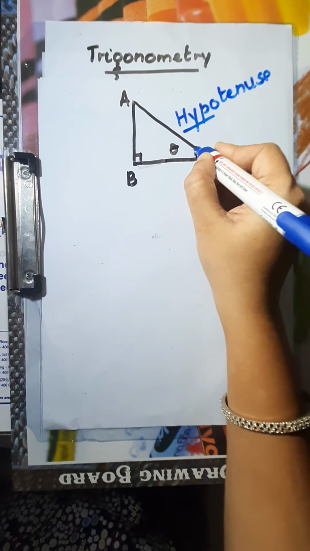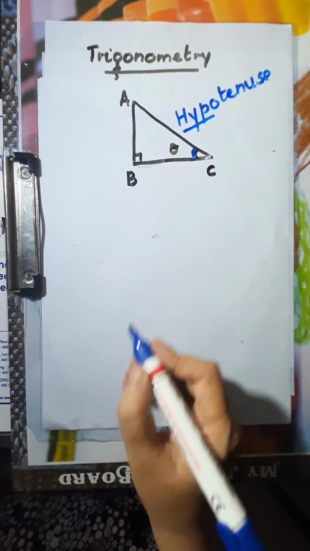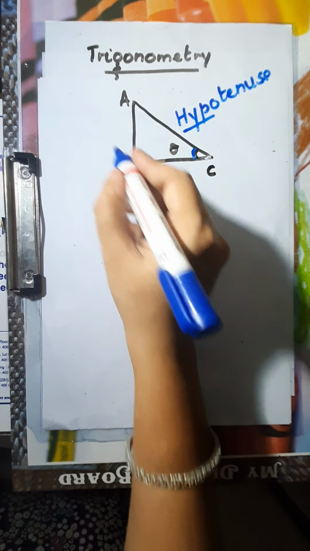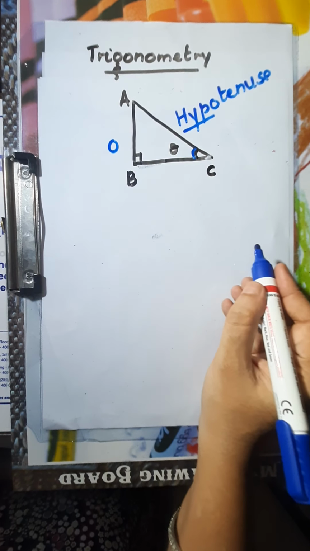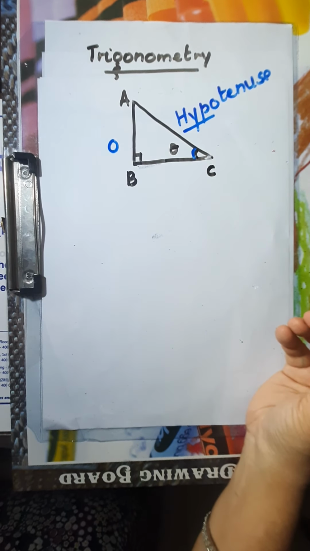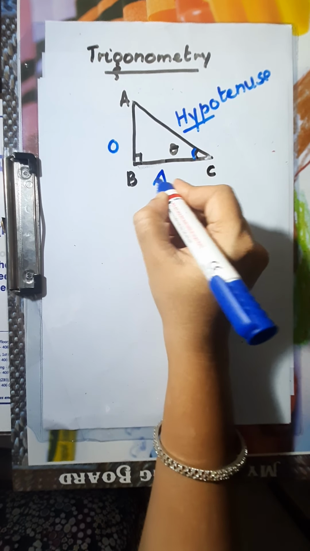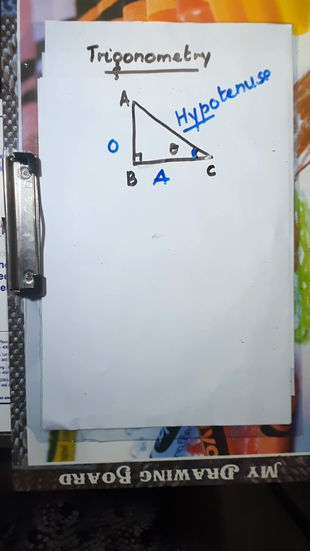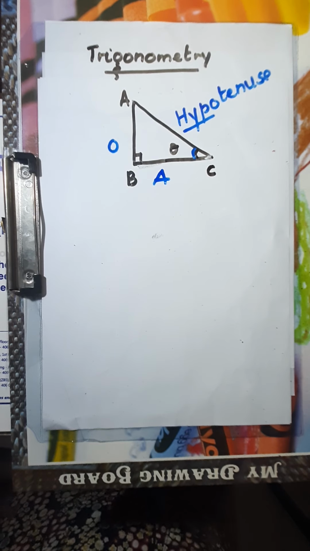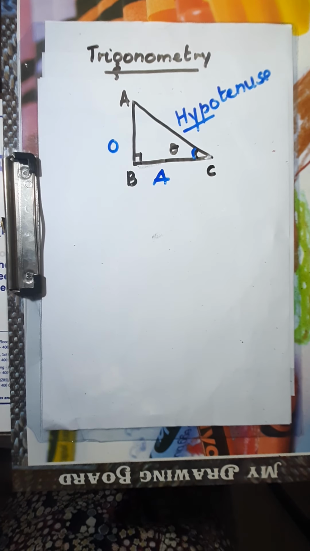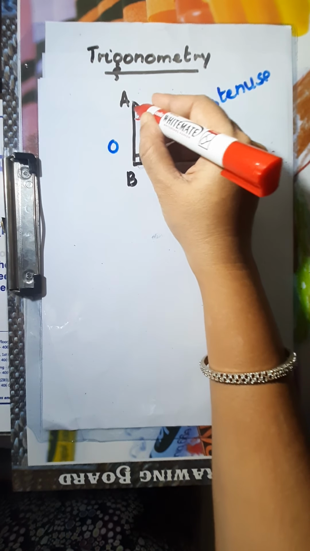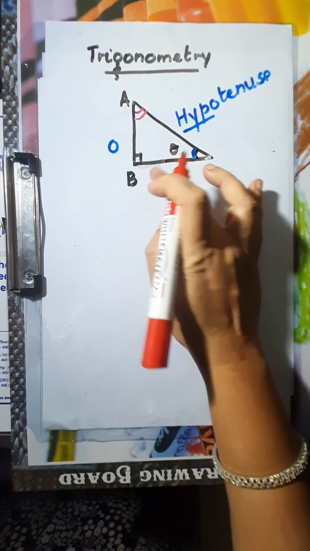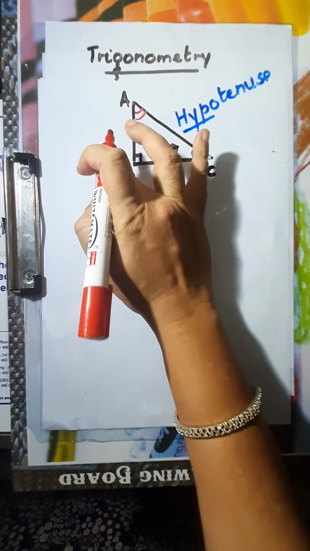Now, if I consider this angle theta, AB becomes the opposite side, the side in front of it. The hypotenuse is gone away and this AC becomes the adjacent side. Now, if I want to talk about angle A, can you tell me which is my opposite side?